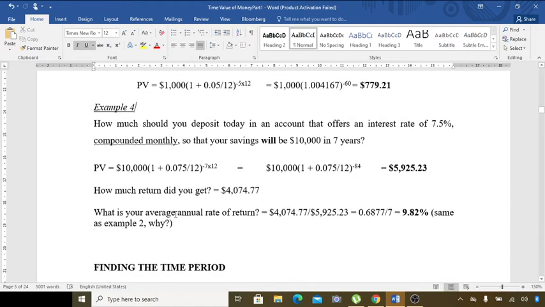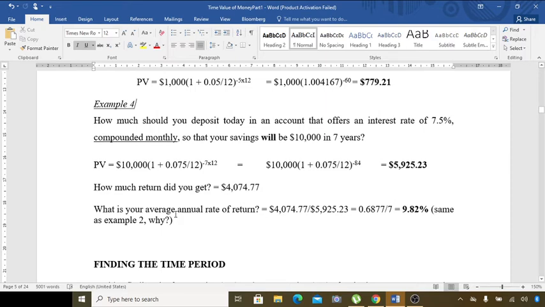Now, let's look at another example. How much should you deposit today in an account that offers an interest rate of 7.5% compounded monthly, so that your savings will be 10,000 in 7 years?